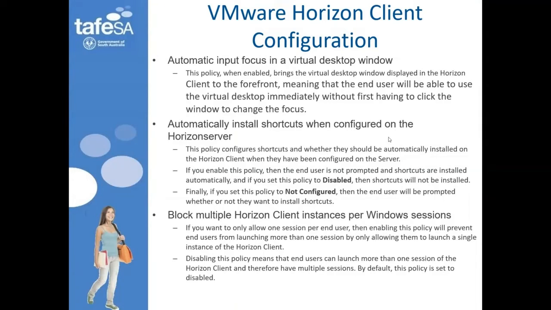What does that mean? When you connect, it comes to the front straight away, meaning the end user will be able to use the virtual desktop immediately without having to click the window to give it focus. It gives it focus automatically.